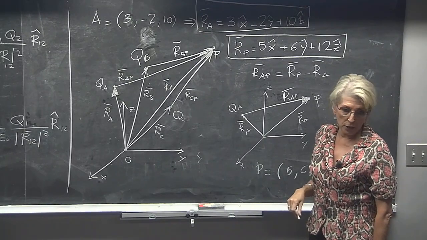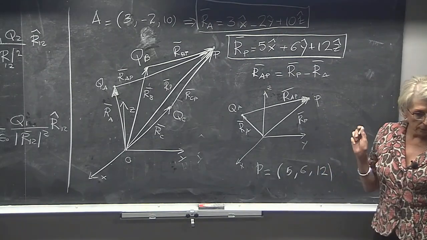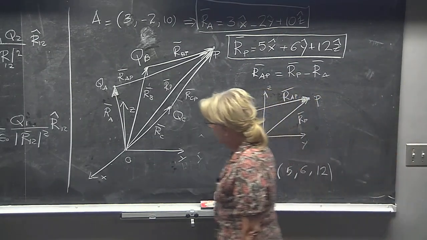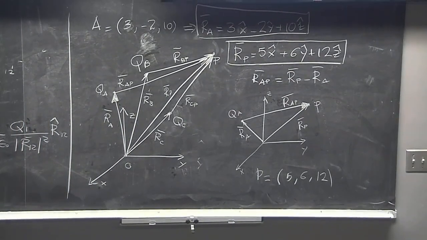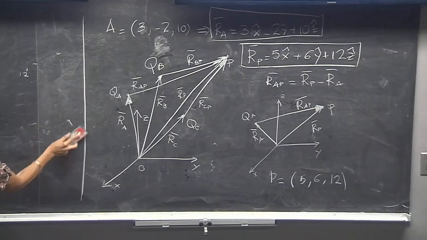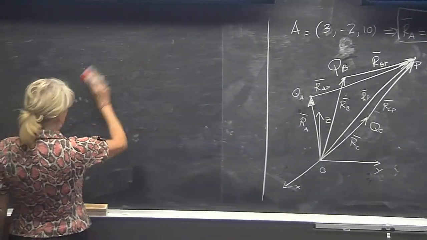Why is it minus and not plus? Think about it, and I will do this here. When you have two vectors, here we have three vectors, and the third one was generated out of the first two.